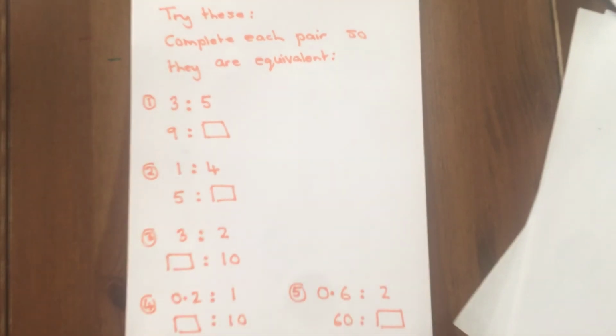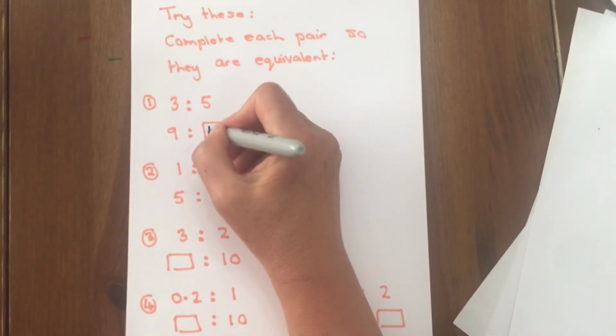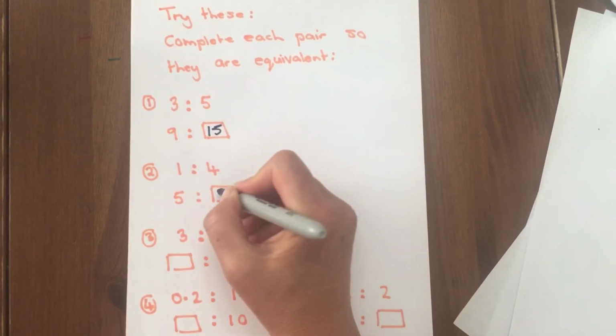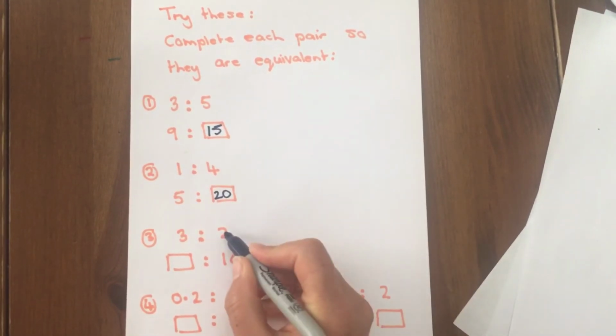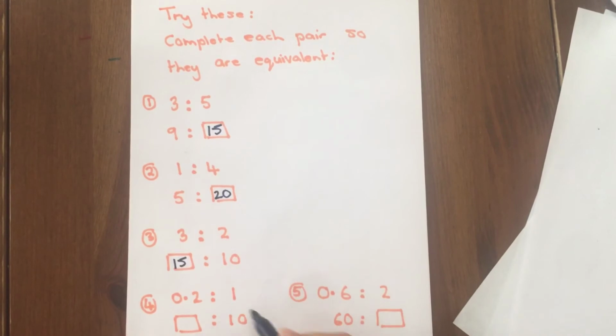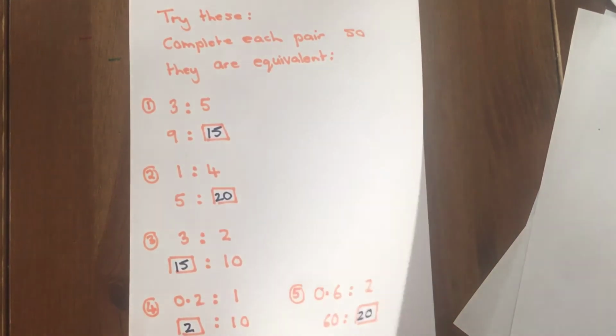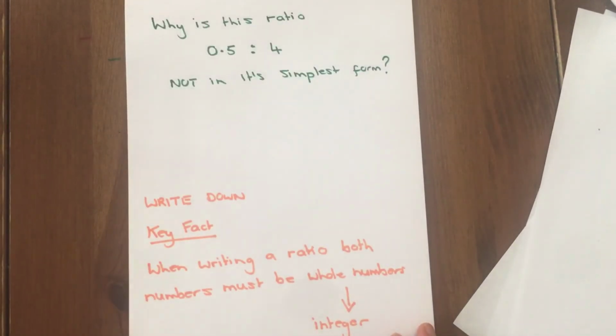Okay, first one, times by 3, times by 5, times by 5, times by 10, times by 10. If you've got any questions there, please send them to me by email. Right, next question.